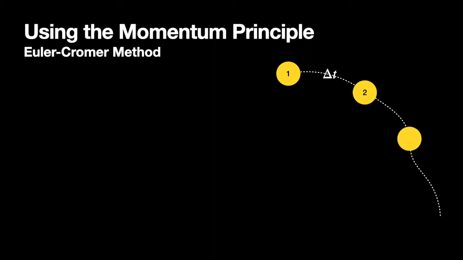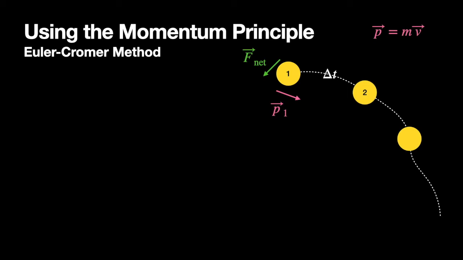So I can just break this motion, and instead of finding out where it is at the end, break it into a small step. Now, there should be some force acting on this object. I'll call it F net. And it is moving with some initial momentum, P1, where momentum is mass times velocity in this particular case.